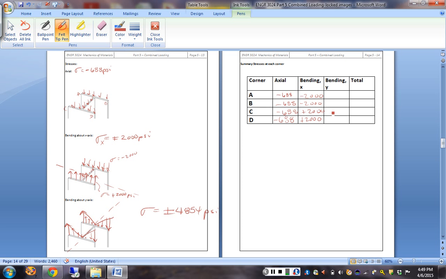And for Y, at A, I have plus 4,854, whatever that number is. At B, it's compressive. At C, it's tensile. And at D, it's compressive. So then you just add them up.